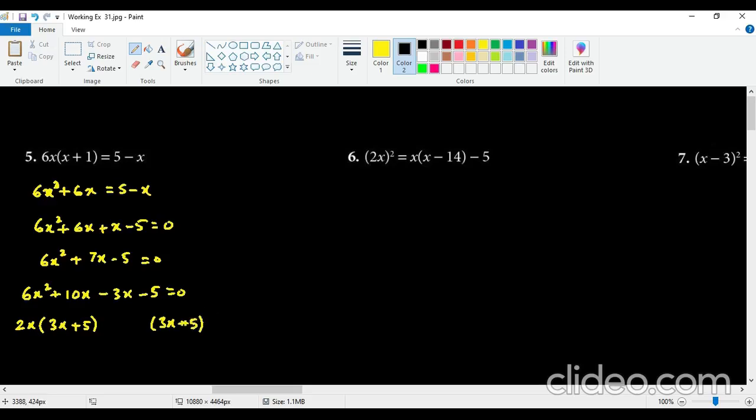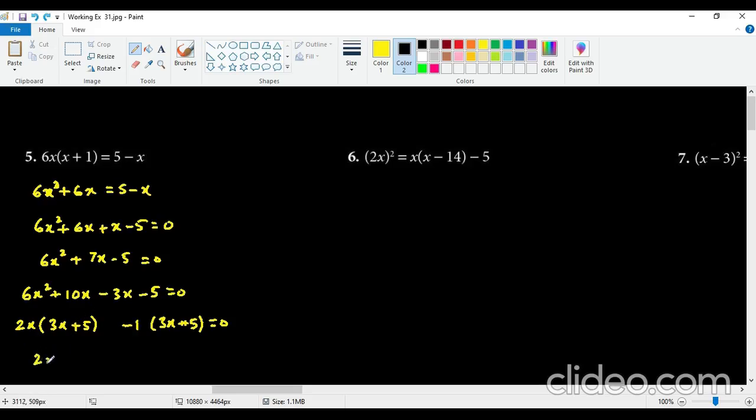and equals 0. And look at the center one, it is minus 3x, and you have 3x, so multiply by minus 1. So that means 2x minus 1 equals 0. First, I should write the brackets.